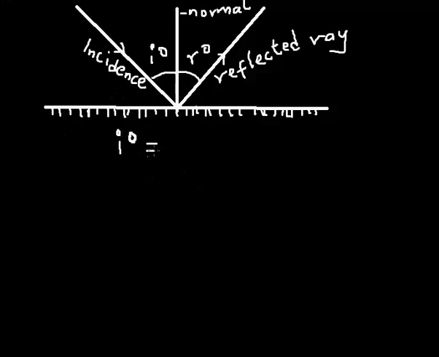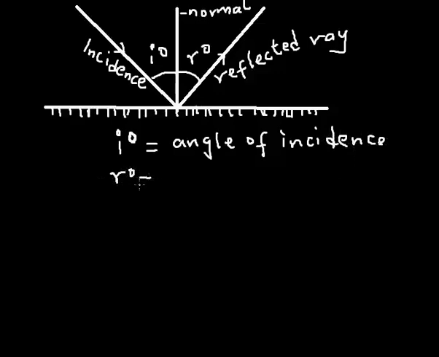Let me first write: i degrees is the angle of incidence, the angle the incidence ray makes with the normal. Please take note of that. Then r degrees is the angle of reflection.